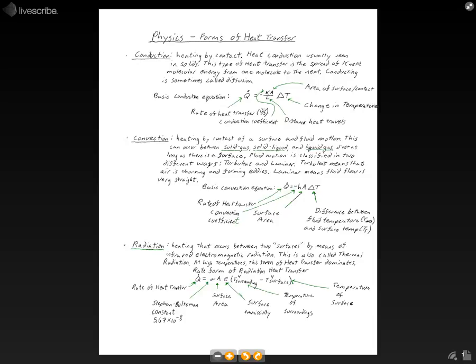Notice how the surroundings and surface temperatures are raised to the 4th power. So when talking about things that are hundreds or thousands of degrees, these numbers get very, very big. Also, because the temperature is to the 4th power, use an absolute scale for radiation always.